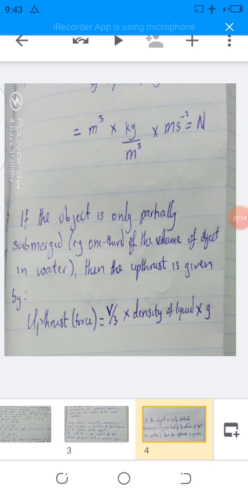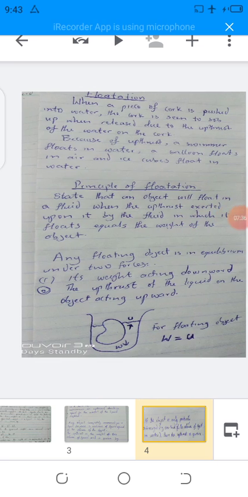So the volume of the object divided by 3 will give you the volume displaced, since the object is partly immersed, times the density of the liquid times the gravity. That is the way we treat it when the object is partly immersed in the liquid.